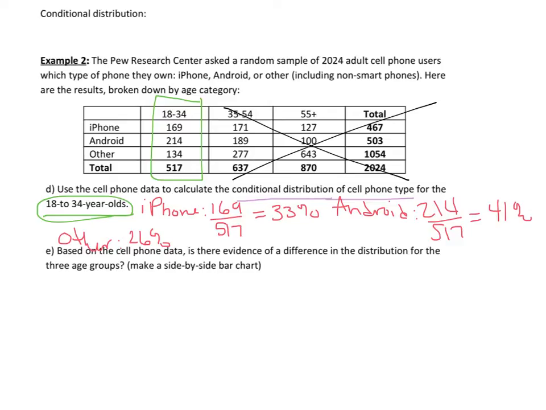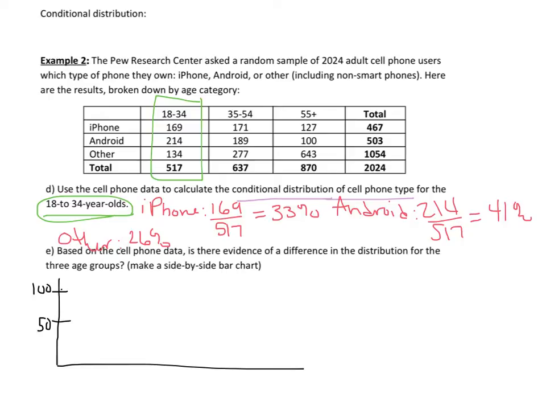But in order to do part E, I need to find the conditional distribution for all of the age groups. So I'm going to go back here, erase what I crossed out because now I actually need that stuff, unfortunately. What I'm going to do is a bar chart, but now my bar chart is going to have separate groups.